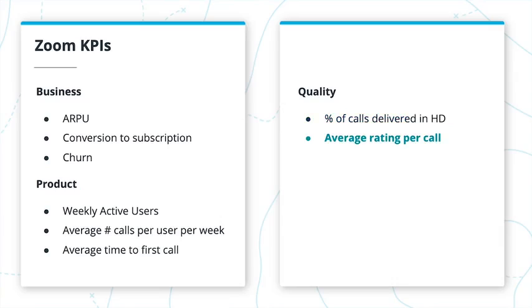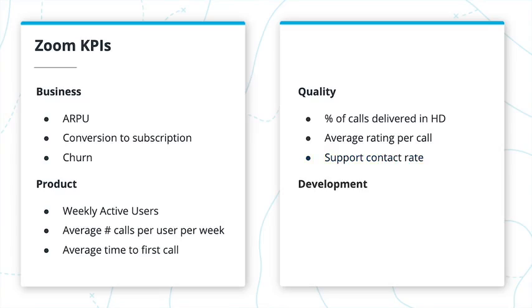We also ask users to rate each call after it ends, and so that would be another helpful metric and KPI to track here, because this reflects the user's perspective on how the product is working. Another good one to have is the support contact rate. So out of 100 calls, how many users end up needing to contact support for help?